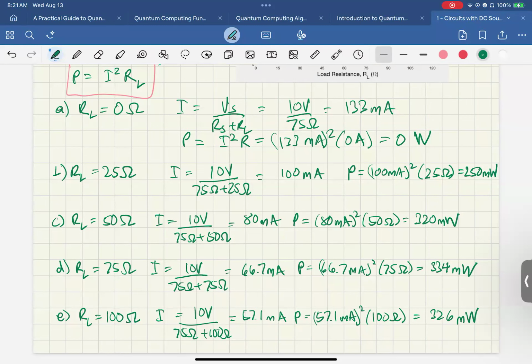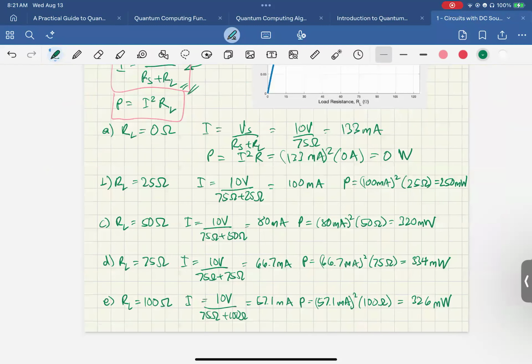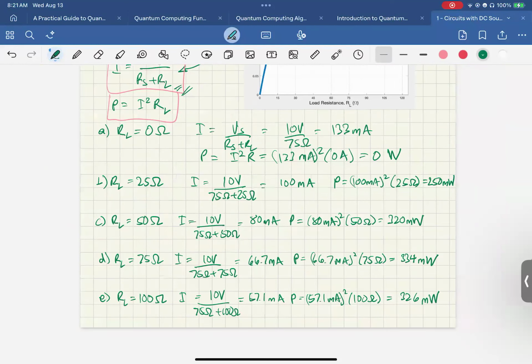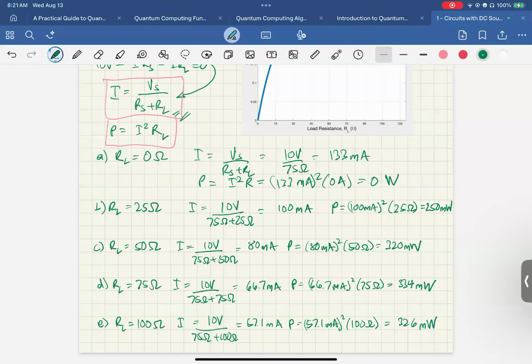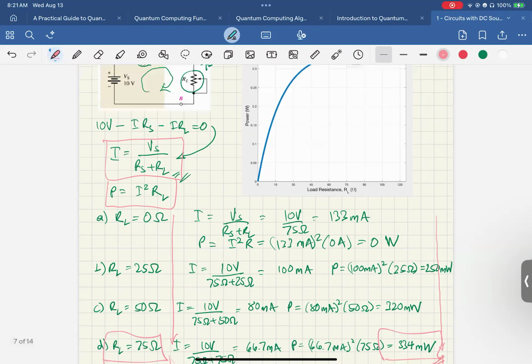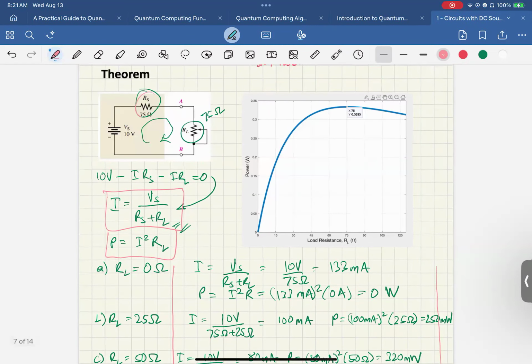Okay. So dito makikita niyo na as you increase yung load resistance going to 75 ohms, nag-increase din yung power. And then if you increase it further beyond 75 ohms, nag-decrease na yung power din. So you have this maximum power when the load resistance is equal to the source resistance.